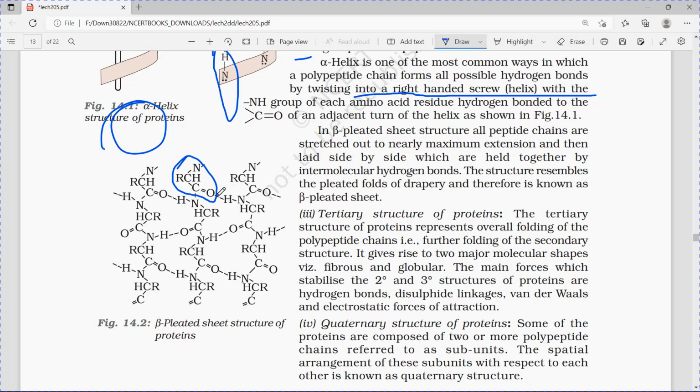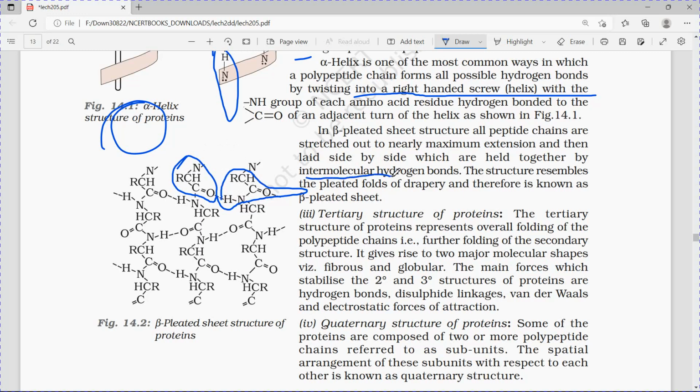This hydrogen belongs to this group, R CH C double bond O NH, right? So these are called the intermolecular hydrogen bonds. This is the most important point.